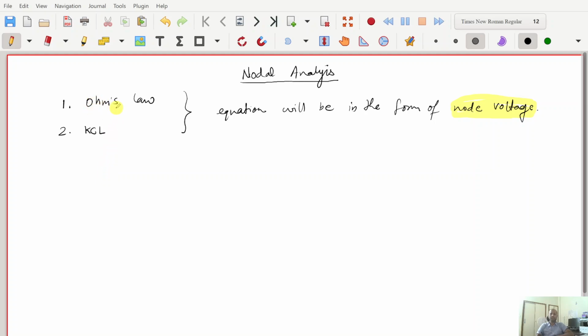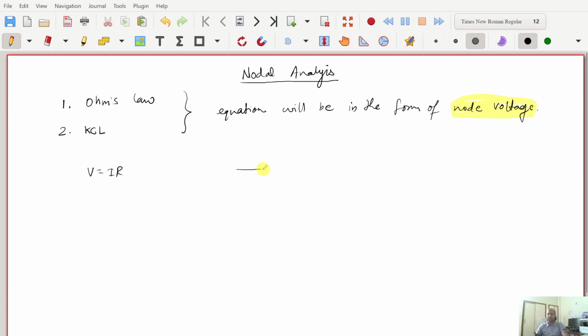We have been studying Ohm's law for quite some time. Ohm's law states that the current flowing through a circuit is directly proportional to the voltage across it. Or in other words, we write V is equal to IR, where V is voltage, I is the current and R is the resistance.